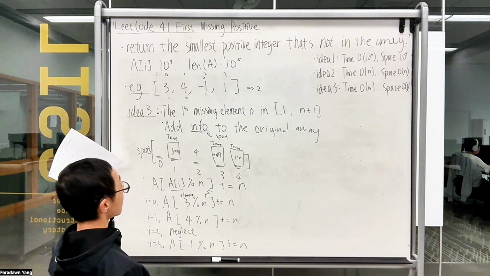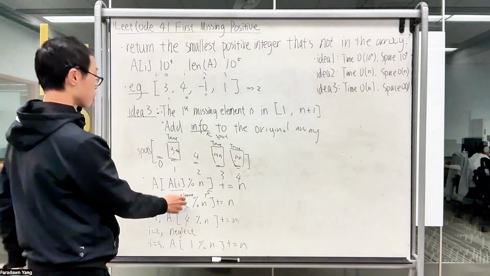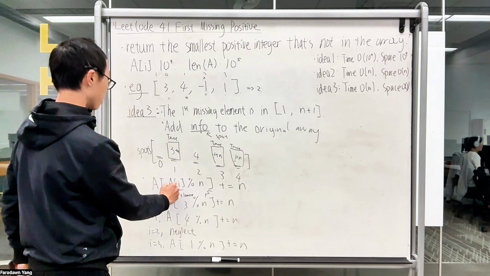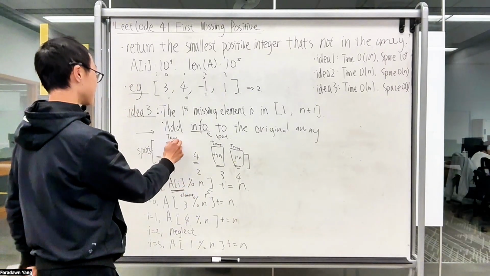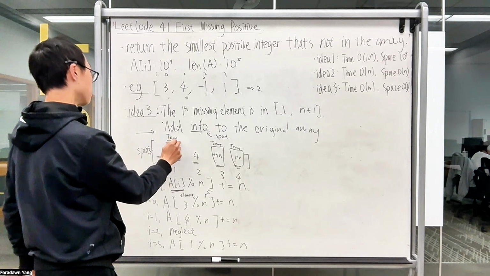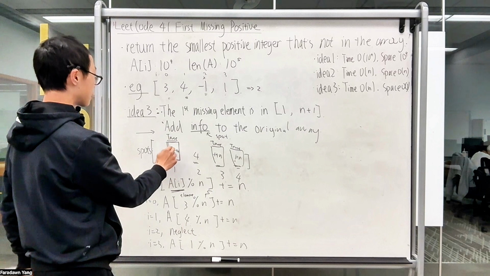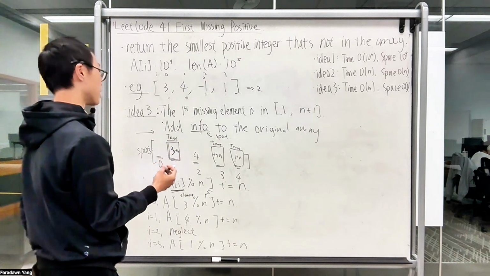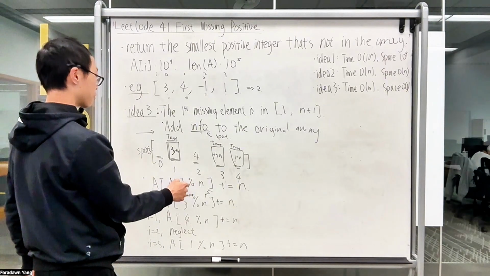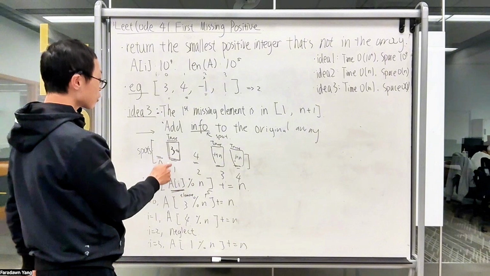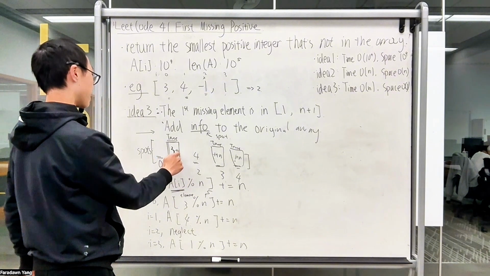What is the benefit of this method? This modular operation allows us to extract the original element information. If we just set this block to be true, it would erase the information of the original element. So this modular way preserves the original value and also records whether this spot has a plus n.